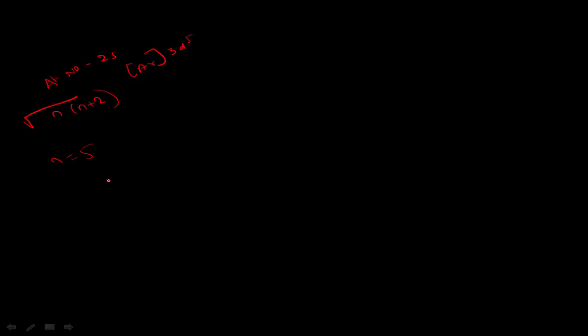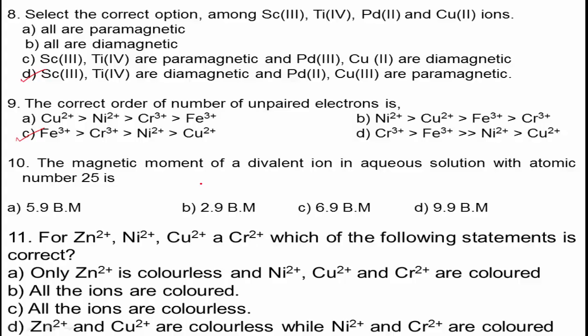Therefore magnetic moment will be under root of 5 into 5 plus 2, which is equal to under root of 35. Its value becomes 5.91. Therefore the answer is 5.91. Okay, see the options. Here this one is the right answer.